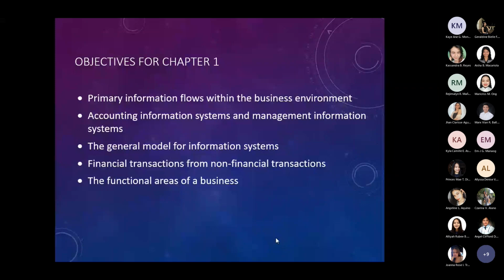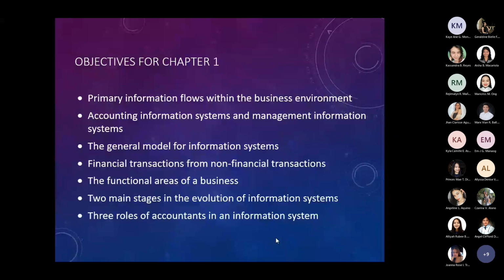So makikita nyo dito yung mga, for example, departments, processing of each department, ano-ano yung mga meron doon. And then two main stages in the evolution of information system and the three roles of accountant in an information system.